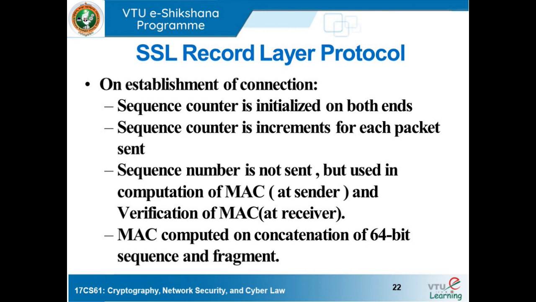The sequence number is not sent along with the packet, but we use it for the computation of the MAC at the sender and for verification of the MAC at the receiving end. The MAC is computed on the concatenation of the 64-bit sequence number and the fragment.